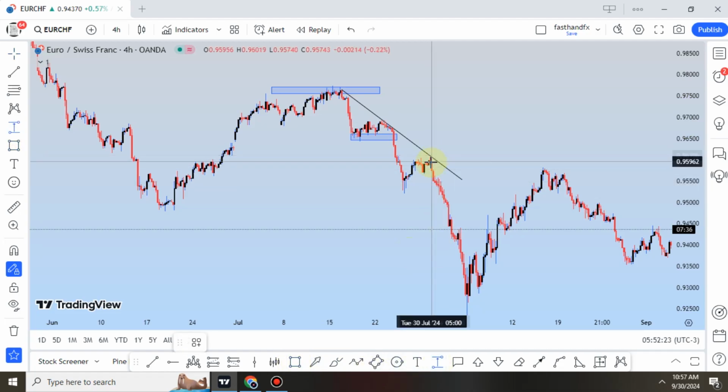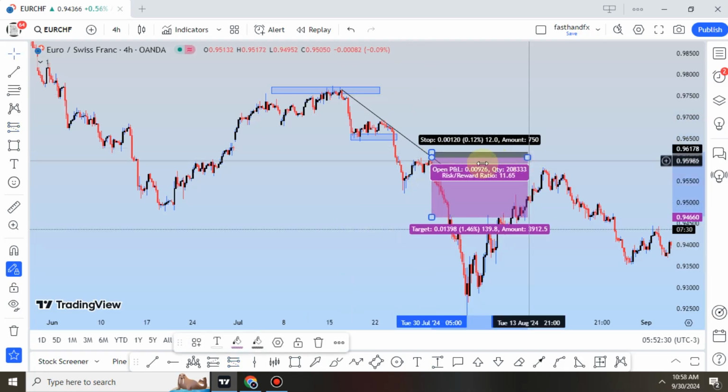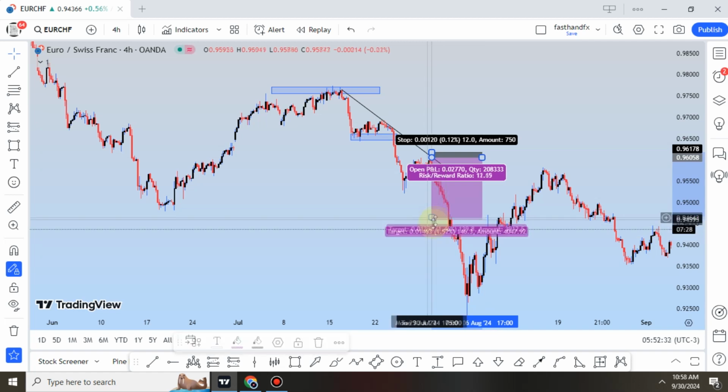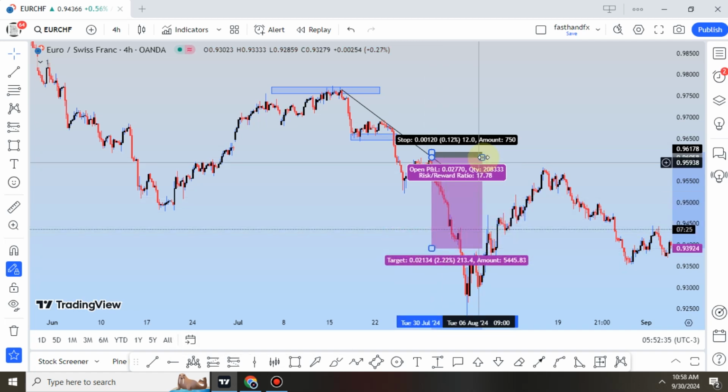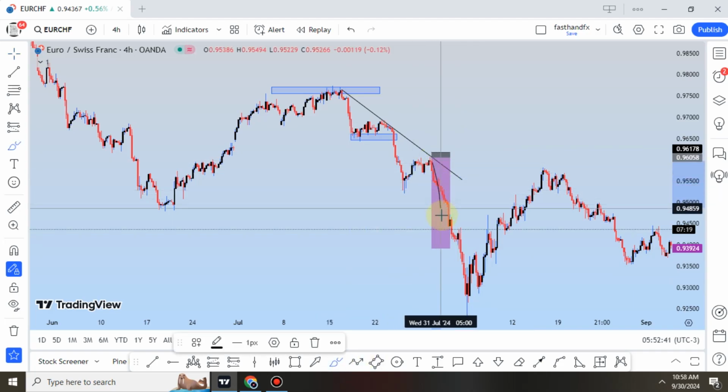Take your sell position on the lower high right there, and of course you target whichever risk to reward ratio you're talking about. Let's just say maybe around that level. But you see price doing this, price drops and then does this once again.